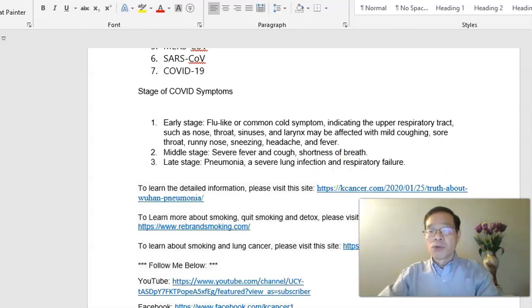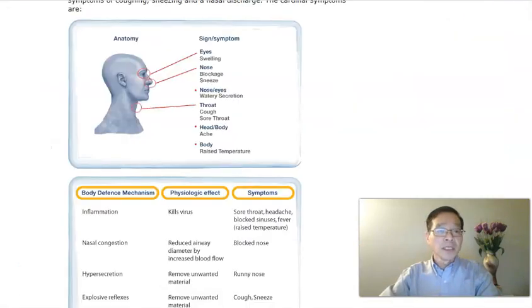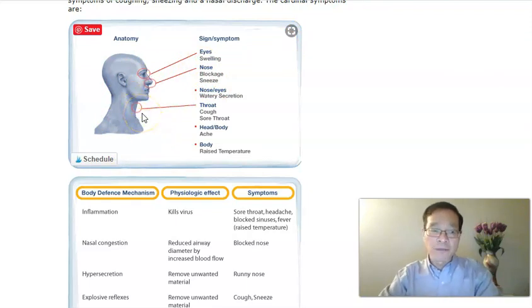Let's have a more specific look at how the symptoms look. As mentioned, in the common cold stage or early stage, the virus replicates only in the upper respiratory tract. So it causes sneezing and also watery secretions, and if it replicates in the throat, it causes cough and sore throat.